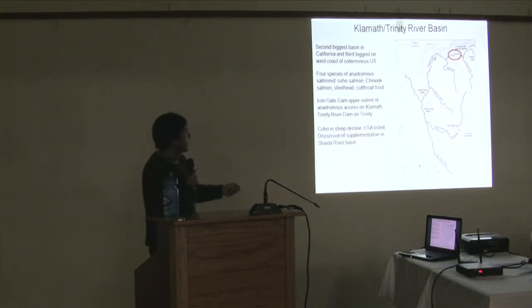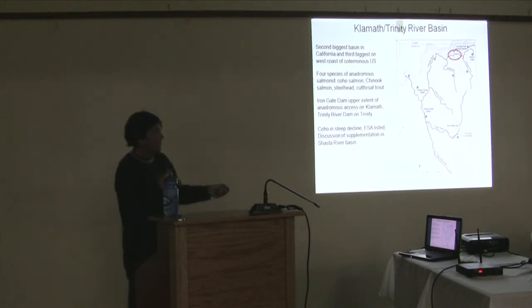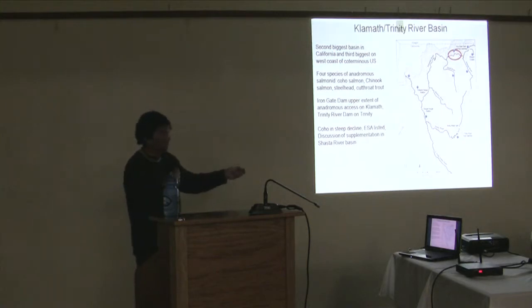Okay, so now we're going to get to the study area, which is those parts where fish can still display an anadromous life history, and talk about the sampling sites for what I'm going to be talking about next, which I think is what is of most interest to people, structure within the Klamath Trinity Basin. And I've indicated here the hot zone, as people call it, a very high disease prevalence part of the main stem Klamath between the Scott and the Shasta River.